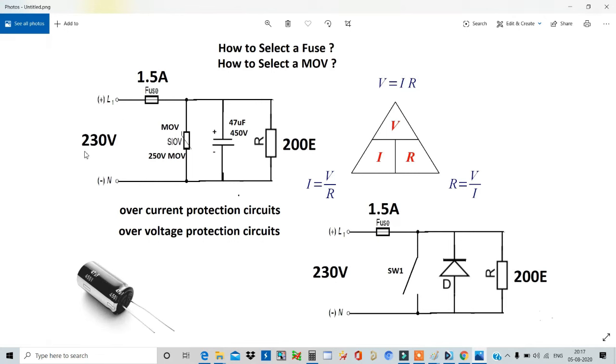So I will show you one video. You can see in the video that I am giving more than 250 volts to my circuit. So you can see how the MOV behaves. And please don't try this at home, please friend.